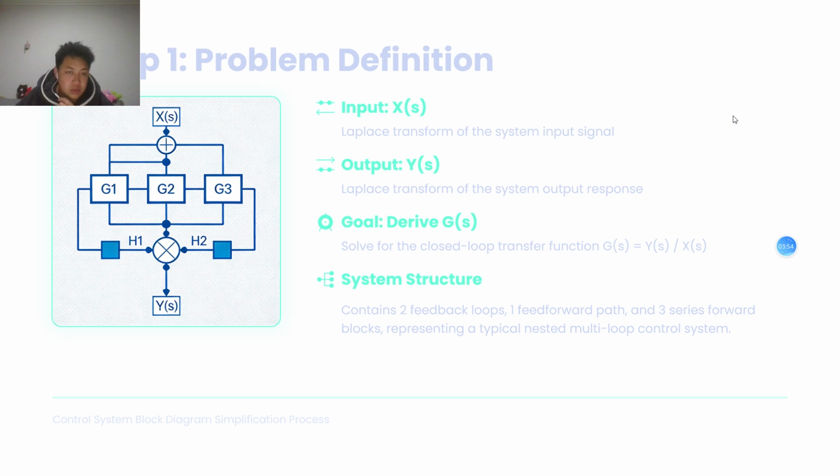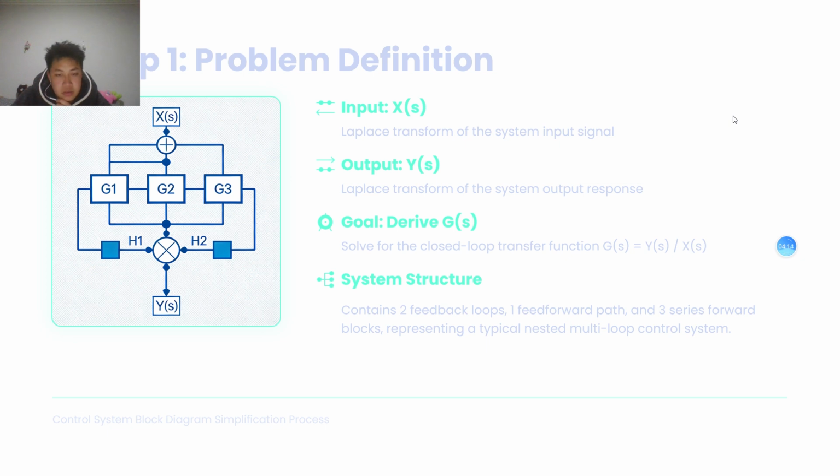And you can see step 1 is problem definition. We input X, the Laplace transform of the input signal, and output response Y, and the goal is to derive G. G is equal to Y(s) divided by X(s).